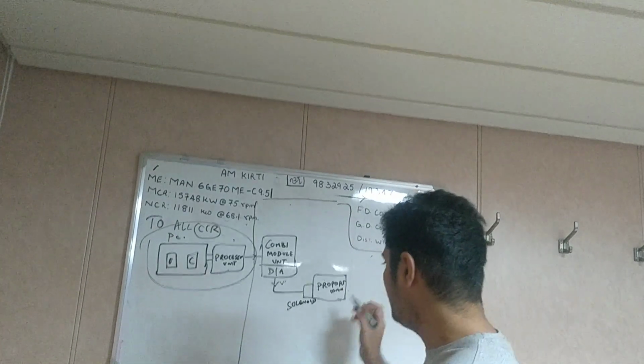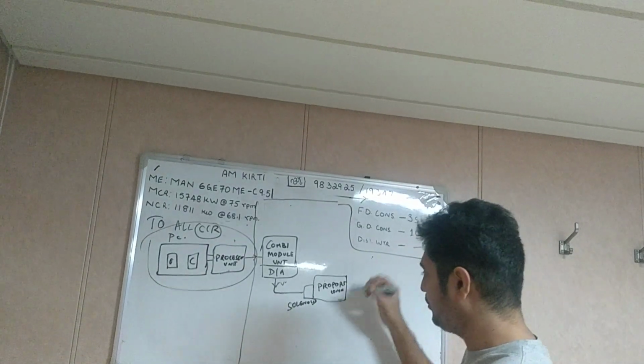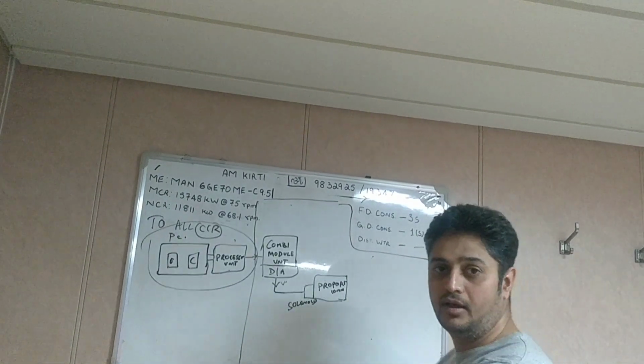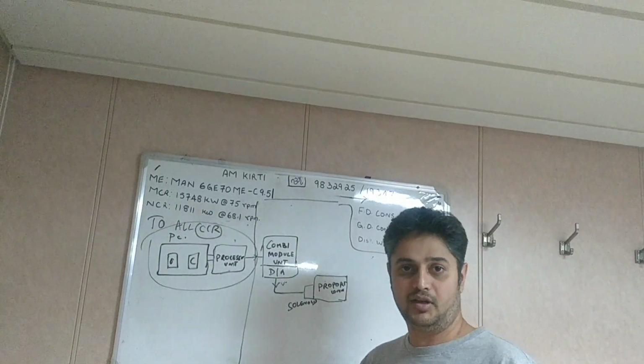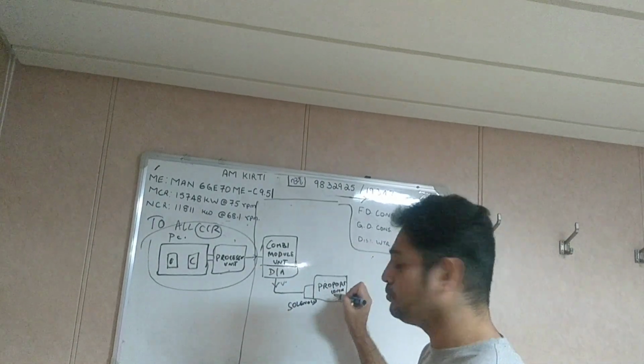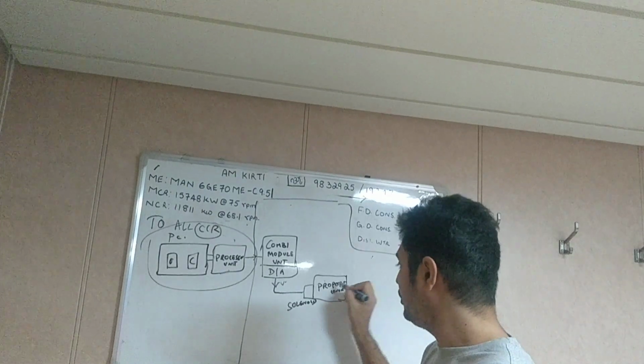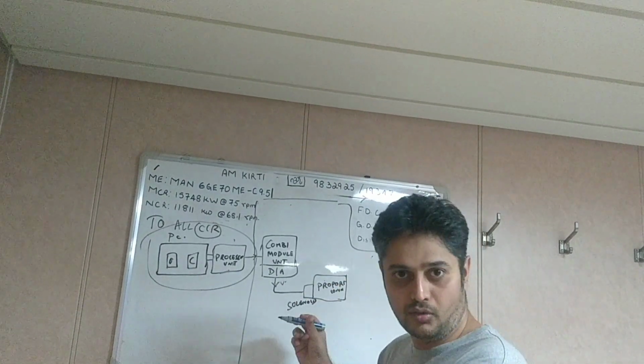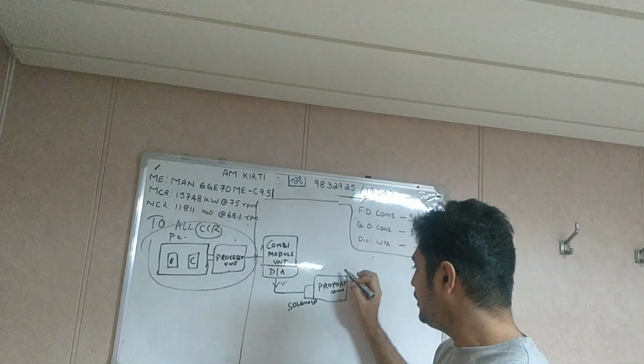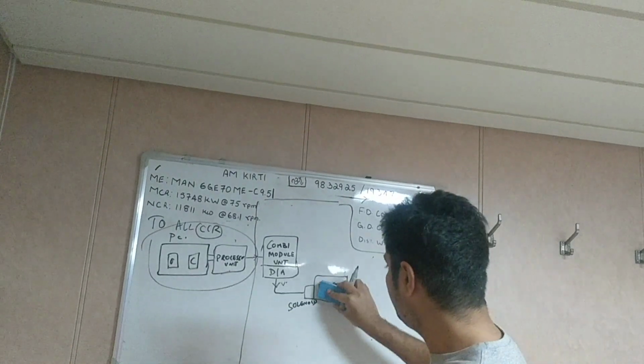Then this proportional valve is connected to the hydraulic system of the VRCS panel. Inside there is a spool, and this is basically a direction control valve.